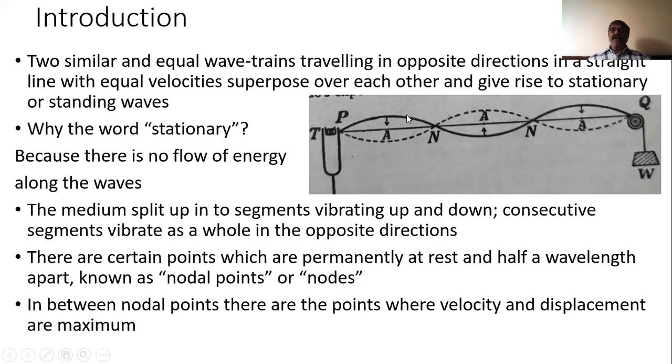The wave incident and the wave reflected from the closed end both have the same frequency, same wavelength. That means similar wave trains, but they are moving in opposite directions.